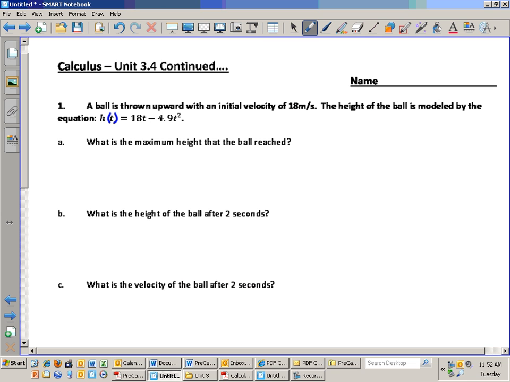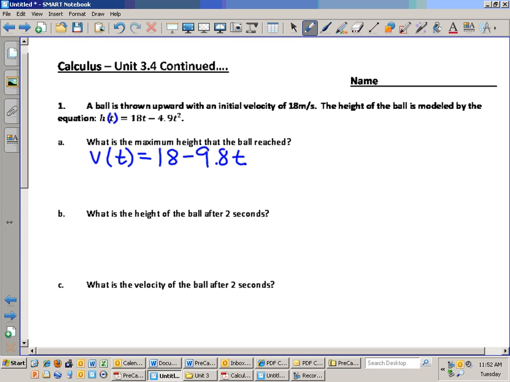So first, let's find the velocity. Velocity of t is equal to what? Bryce, you're a genius. How did you get that? You took the derivative. Just derive it, baby, right?